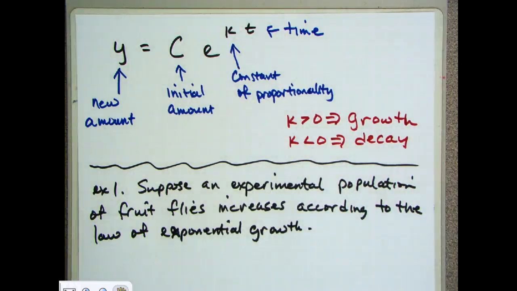Okay, so we have an experimental population of fruit flies. They are going to increase according to the law of exponential growth.